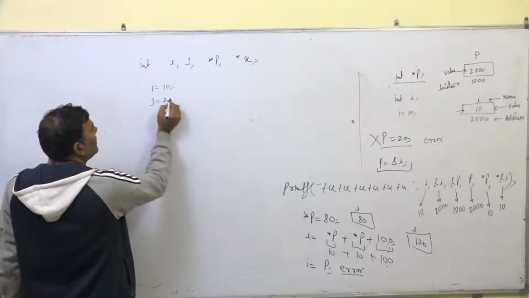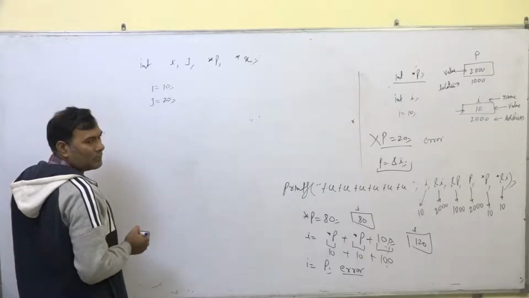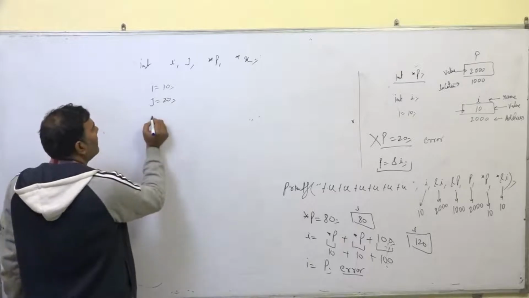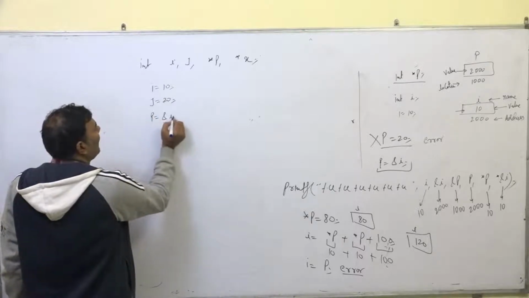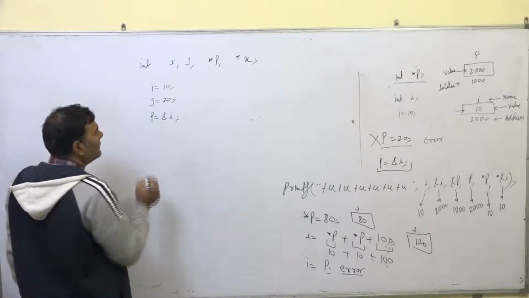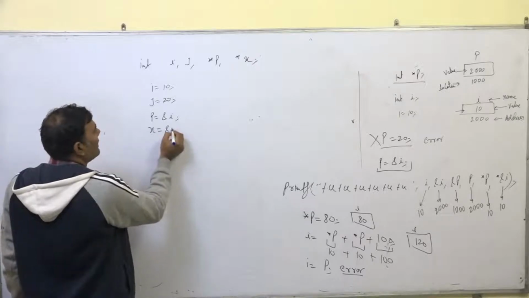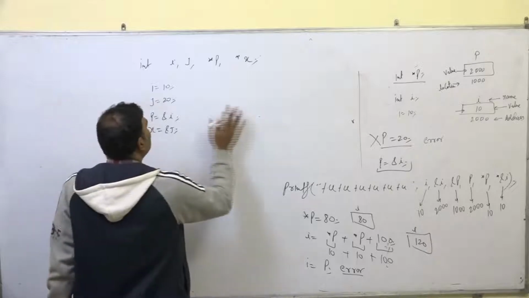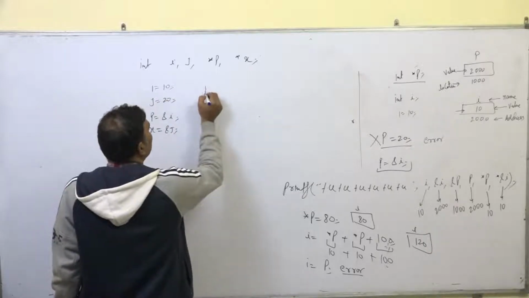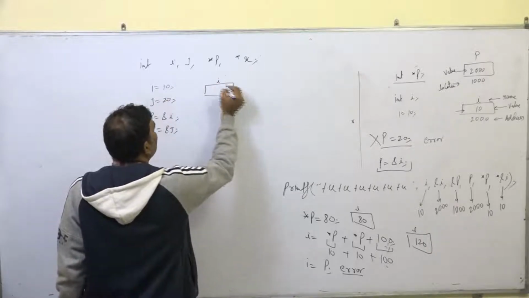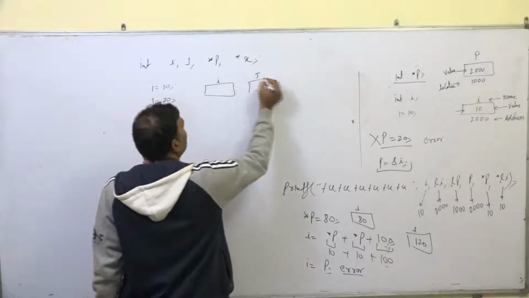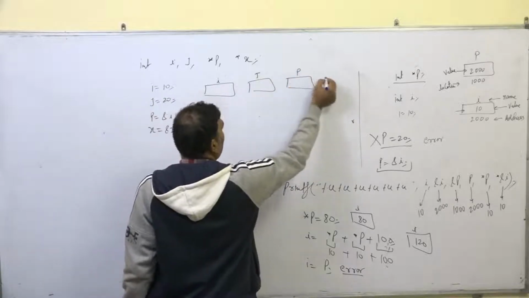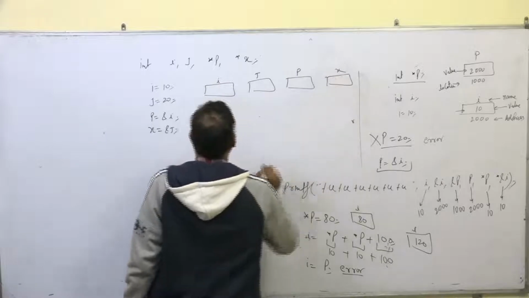J equal to 20, correct or not. P equal to address of I. X equal to address of j. It means using these four lines, what kind of changes are there? It is I and j, p and x.